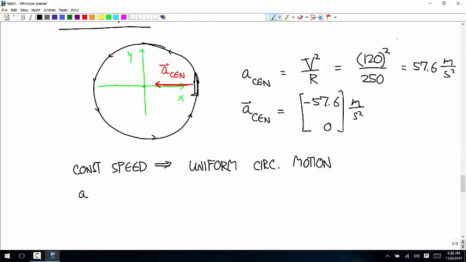So the total acceleration vector is just the centripetal acceleration, so it's negative 57.60. Any questions about any part of that calculation of acceleration?